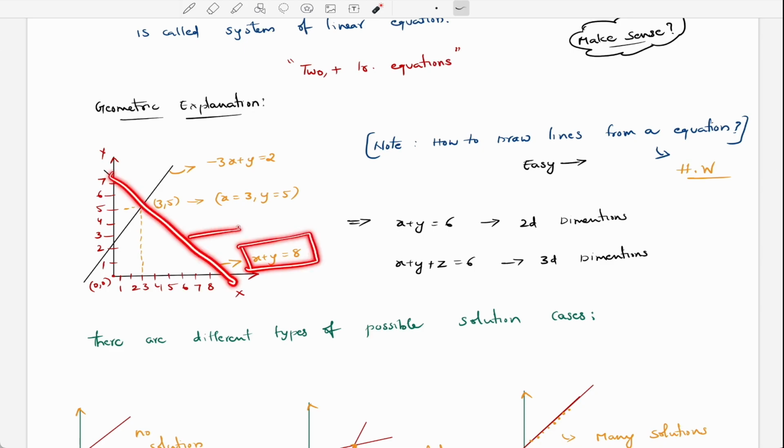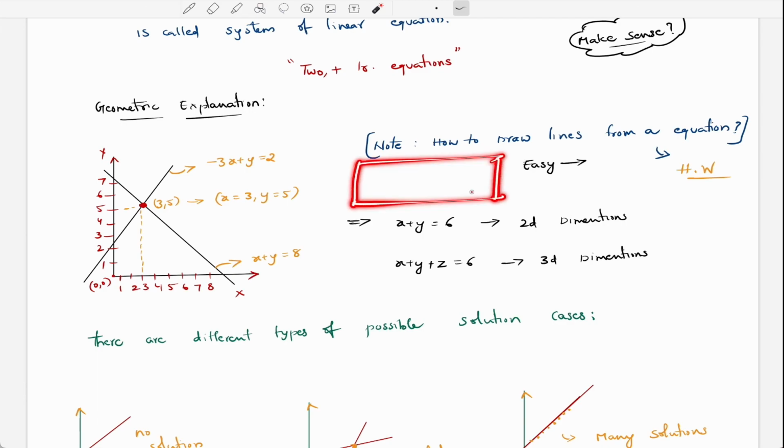You can research online how to plot a line using a linear equation, or I will simply give an example. We take x values starting from -2, -1, 0, 1, 2, and we simply plot. If we put x equal to -2, what is the value of y?